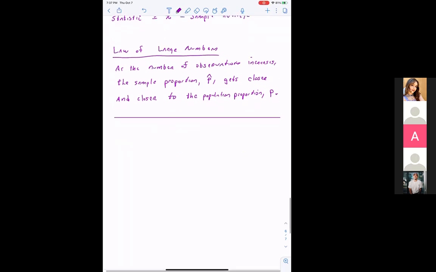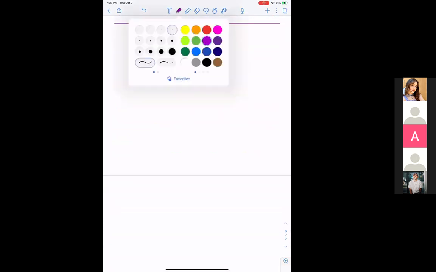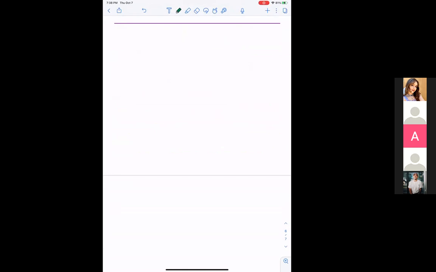Is that a smiley face? Is that Casper the Friendly Ghost? Oh, good old Casper. It's a moon? Yeah, and he's smiling. Okay, I believe you, but I don't see it. But that's okay.